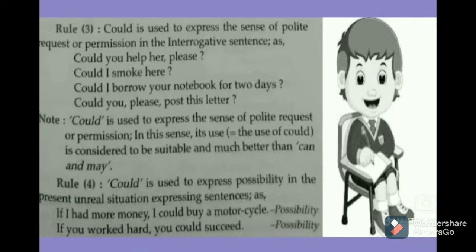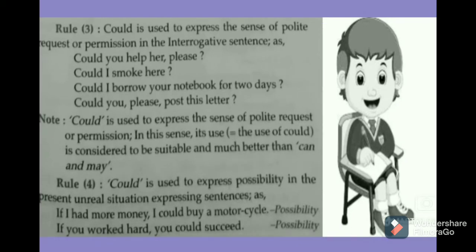So could is also used to express the sense of polite request or permission. In this sense, its use is considered to be suitable and much better than can and may.